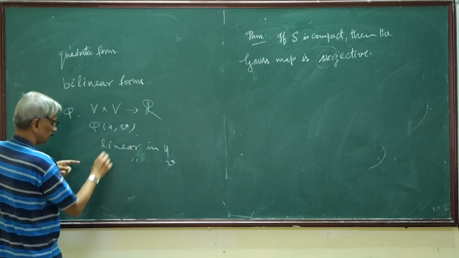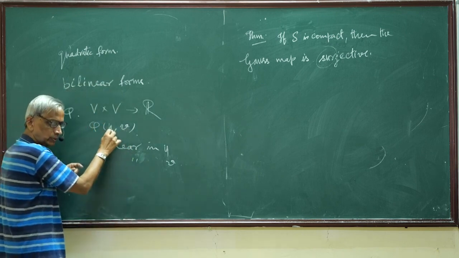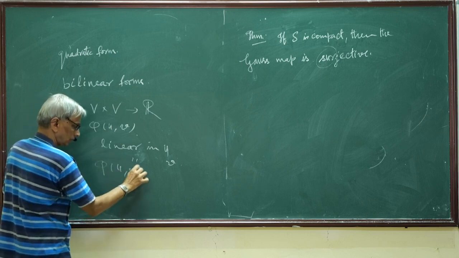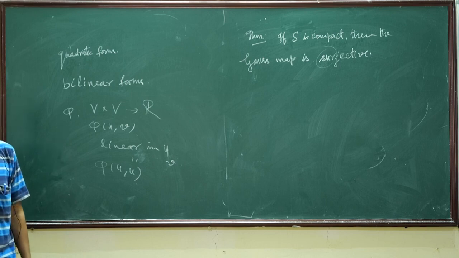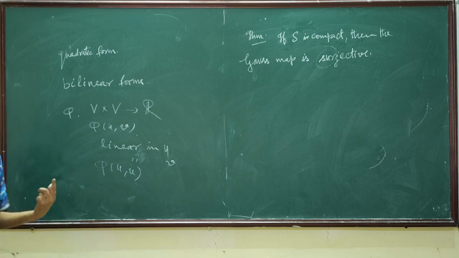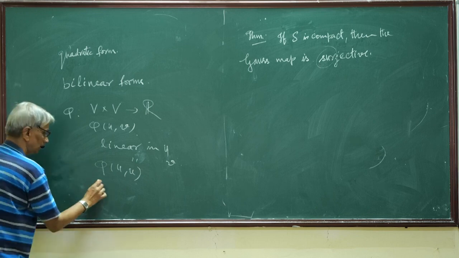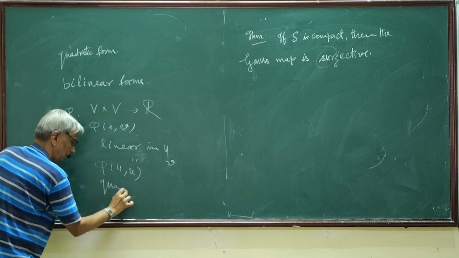So if you take V equal to U in this, phi of U, this is a function of just one variable, V to R. Right? So this is what is called a quadratic form.